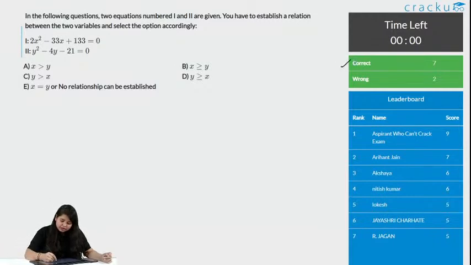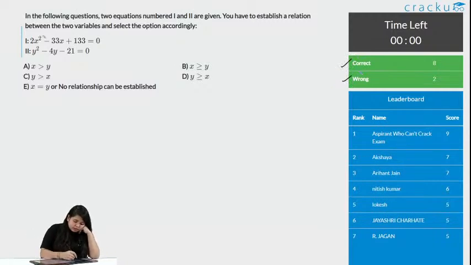Okay, there are 7 people who got this correct and 2 wrong. The first question, what is it? First you multiply 2 and 133, what you get is 266.